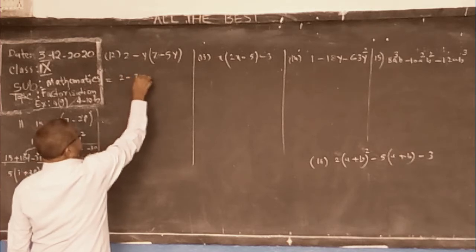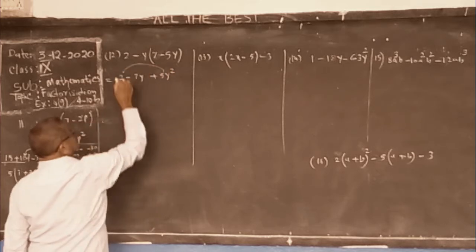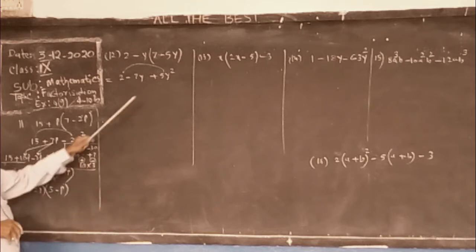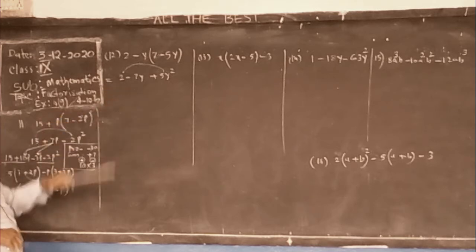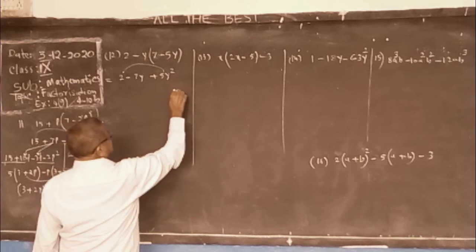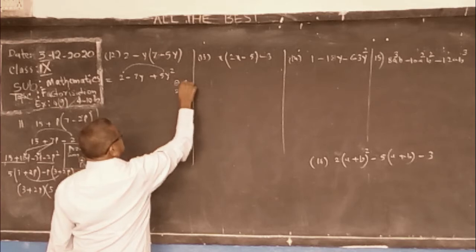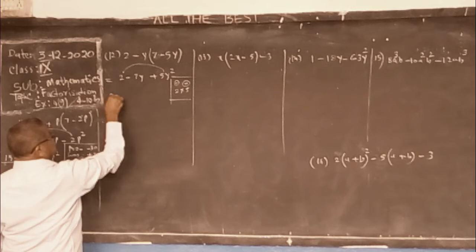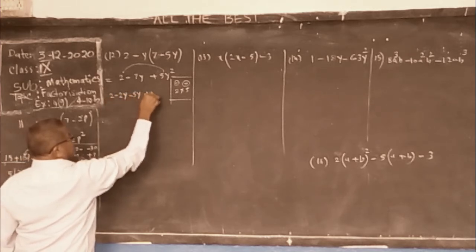Similarly this one also: 2 minus 7y plus 5y squared. The product is 10, so 5 and 2, both the same sign. 5 plus 2 is 7, so we can write it with both minus. Minus times minus becomes plus, like this. So 2 minus 2y minus 5y plus 5y squared.